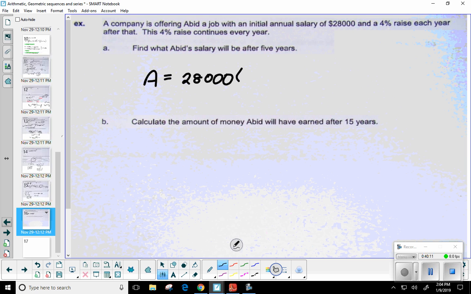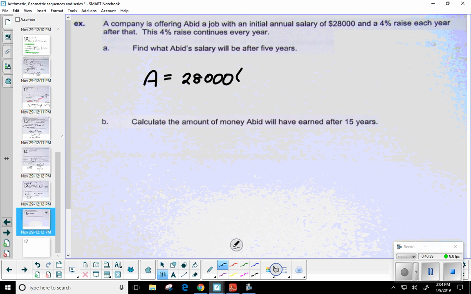Remember the base, we add or subtract that percent to what? 1. That's what gives me the growth or decay, because one of the restrictions for exponentials is that the base can't be 1, because 1 to any power is just 1, so there would be no change.